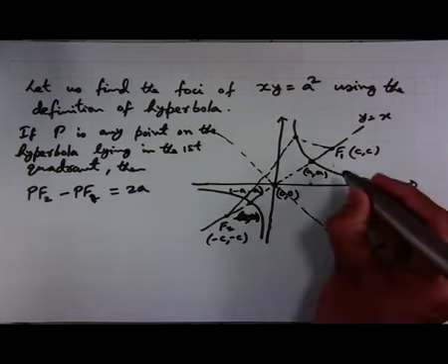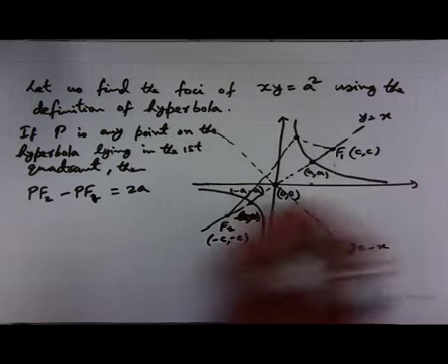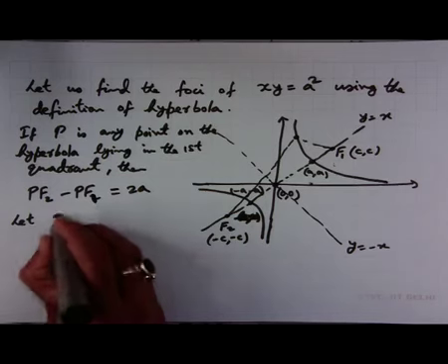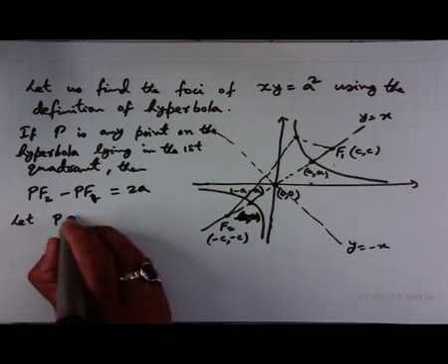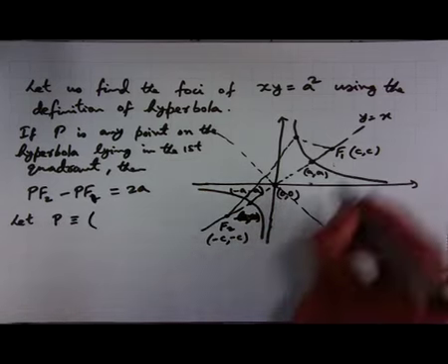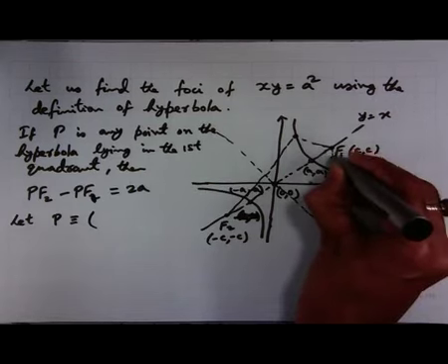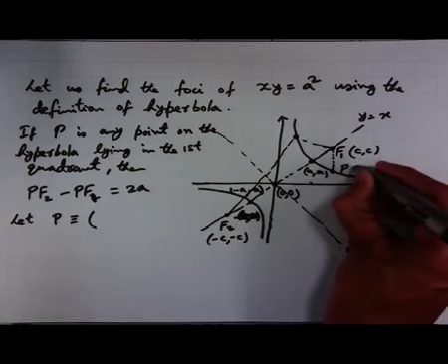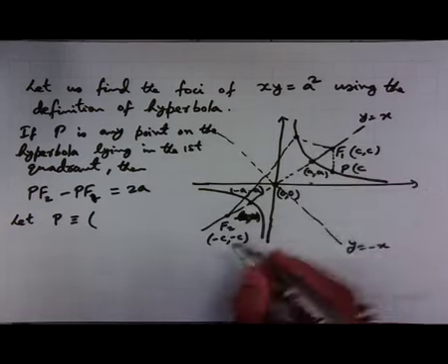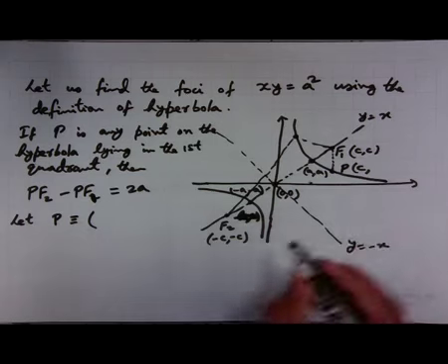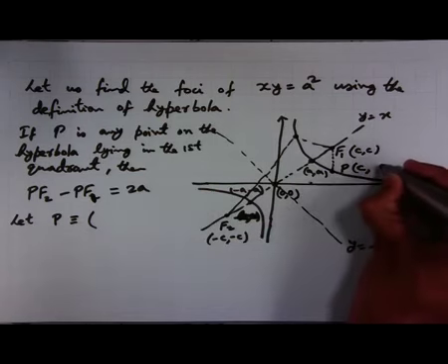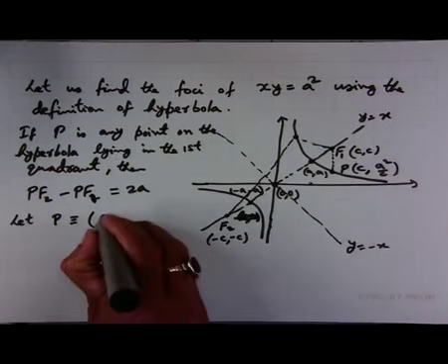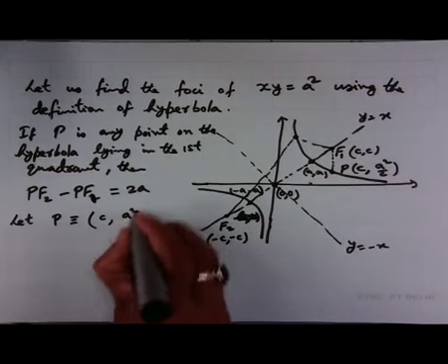Now, we can take the point. Let P be the point whose x coordinate is c. So, if we take say this point P, its x coordinate is c, then what is the y coordinate? Because x times y is a square, this will be a square by c. So, P is c comma a square by c.